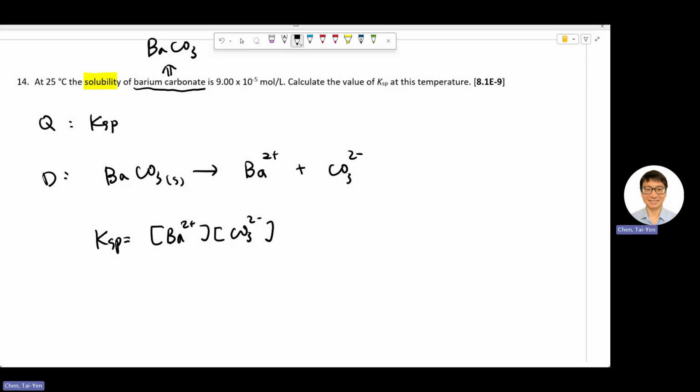What's the concentration of your Ba2+? 9 times 10 to the negative 5 moles per liter, right? How about your CO3 2-? What's the concentration of CO3 2-?